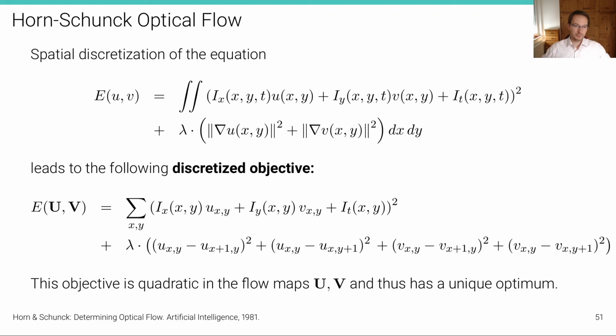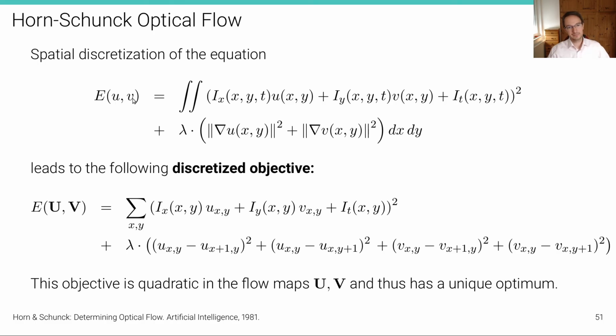Now, of course, in a computer, we can't implement these integrals over the spatial domain. So in order to apply this algorithm, we do a spatial discretization in the image domain. I'm not going to give all the details here, but if we do this, then the integrals are going to turn into sums. So we're not going to integrate over the image domain anymore, but we're going to sum over the pixels.